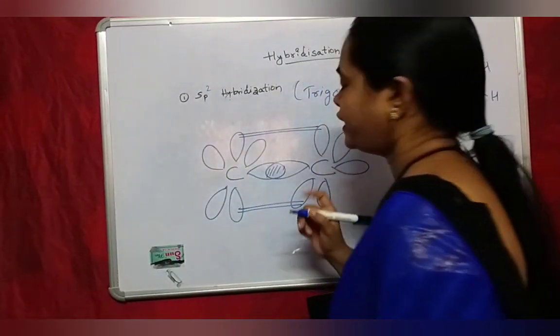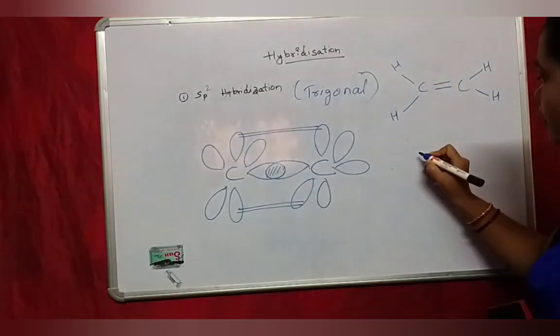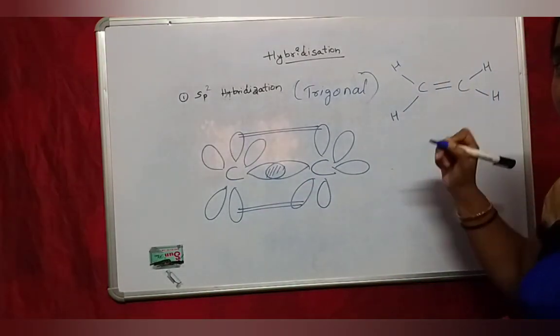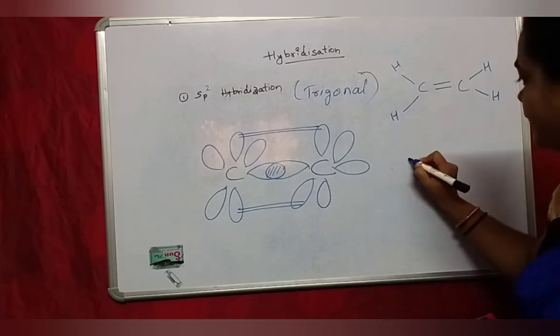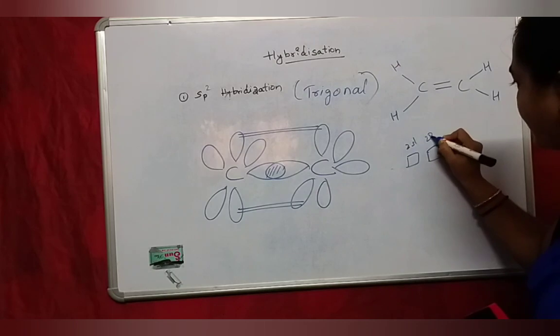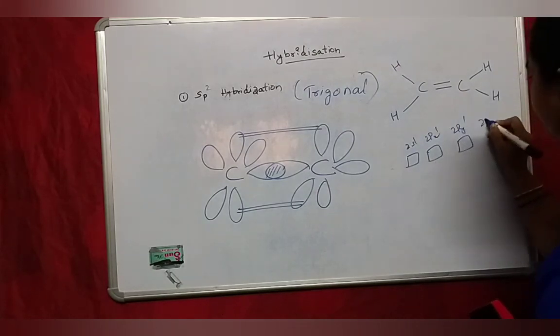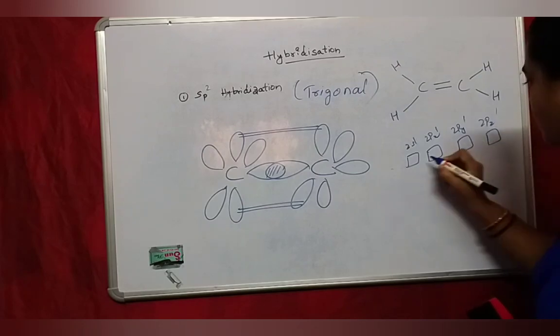See, in sp2 hybridization, I have already told you that carbon in the excited state has 2s1, 2px1, 2py1 and 2pz1.